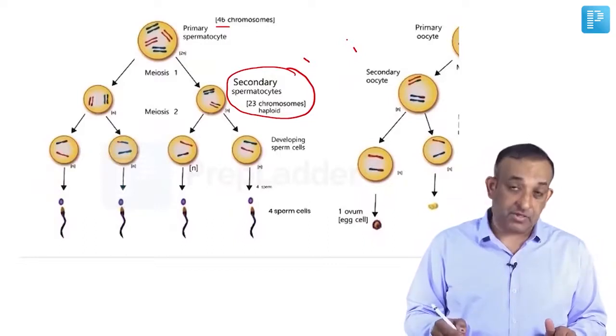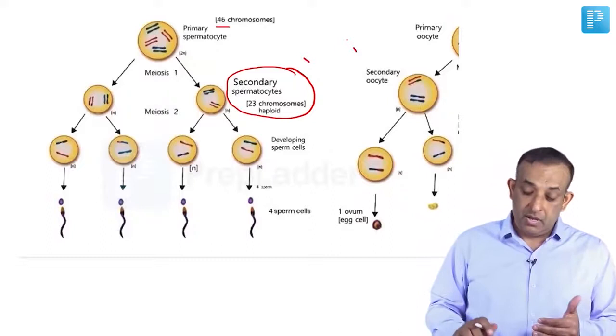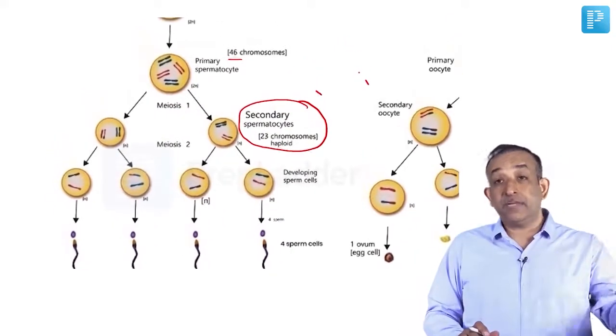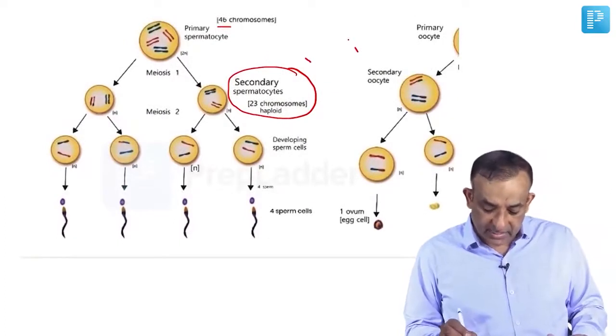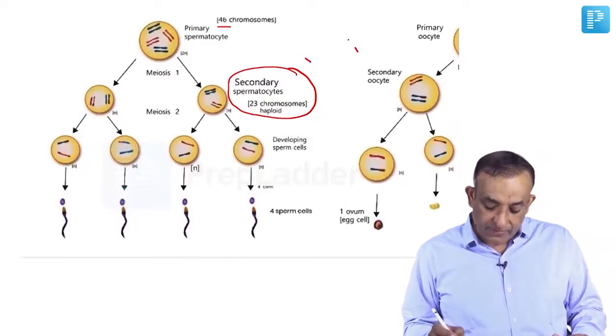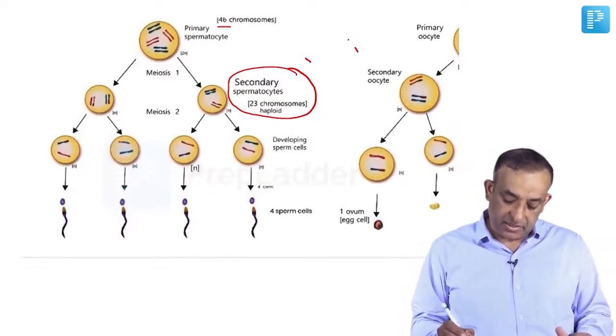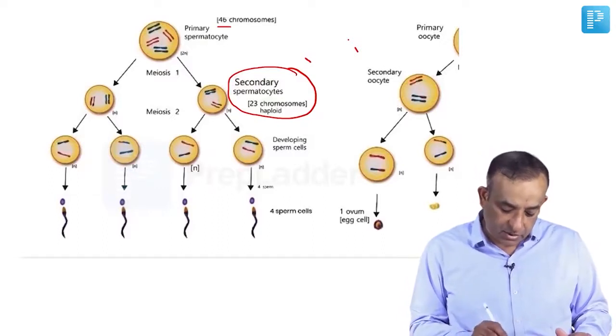The secondary spermatocyte and even the spermatid and the spermatozoa are a haploid number, but the primary spermatocyte is a diploid number. The secondary spermatocyte has the haploid number but double chromatids, and then after the second meiotic division there is a single chromatid in the developing sperm cells or the spermatids.